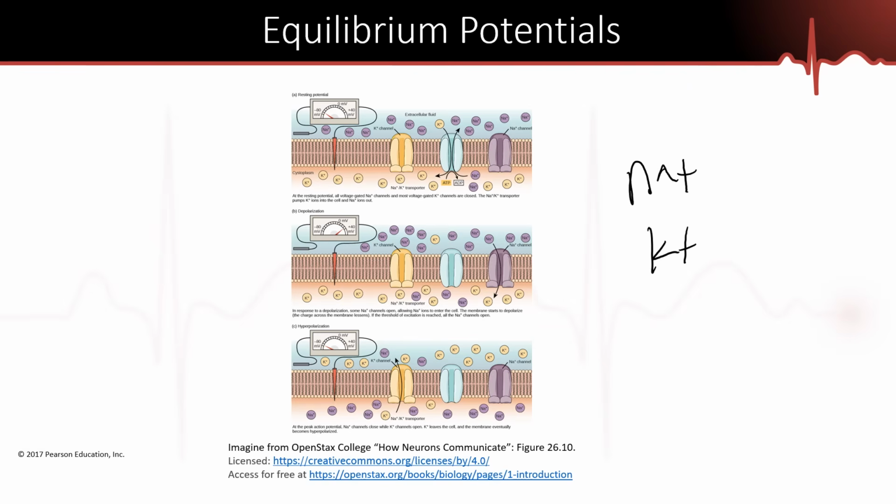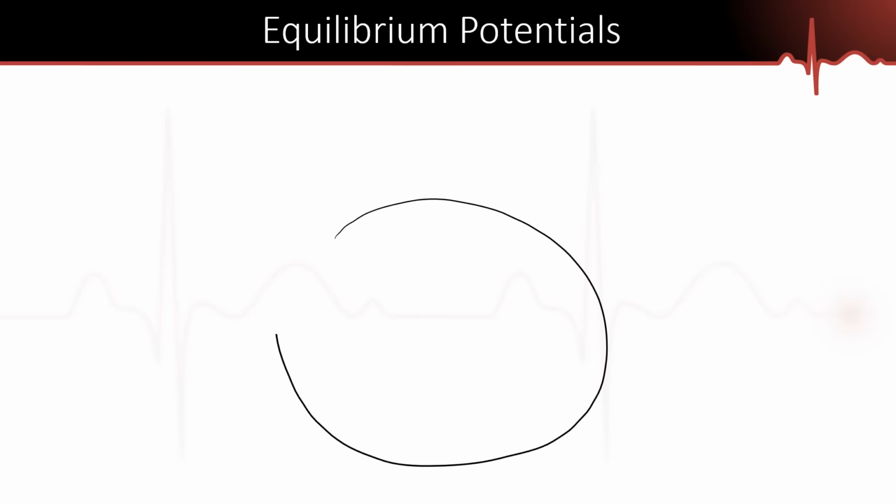In order to be able to do that, we need to discuss how they would develop in the first place. So to start off with regard to development, as with membrane potential, this negative charge is going to develop. And this is going to be true for the current discussion of equilibrium potentials too.